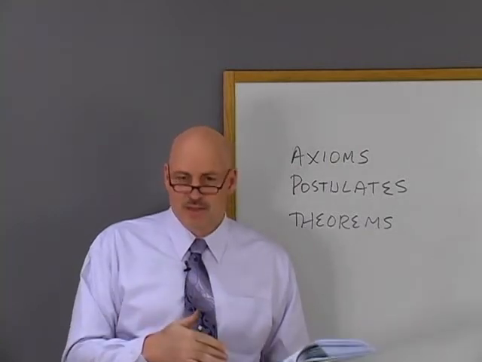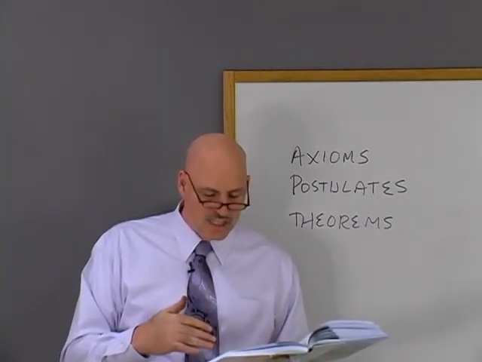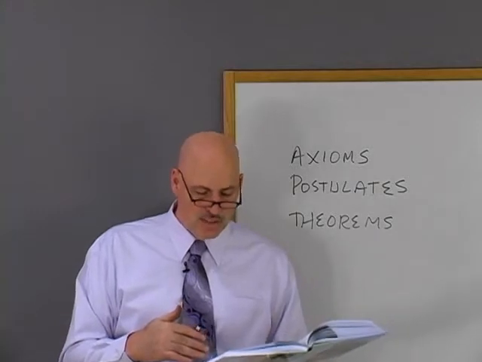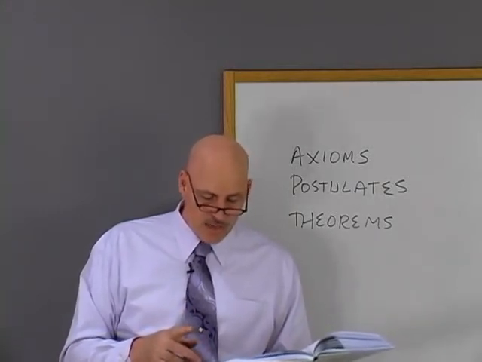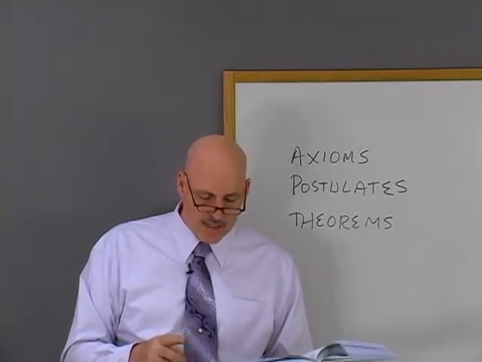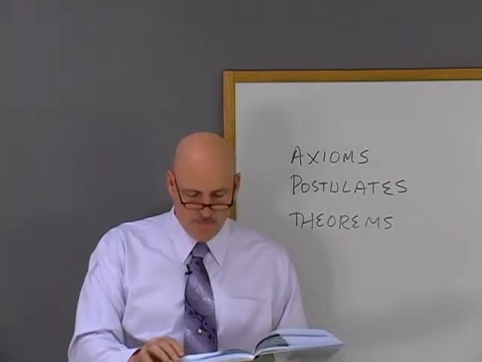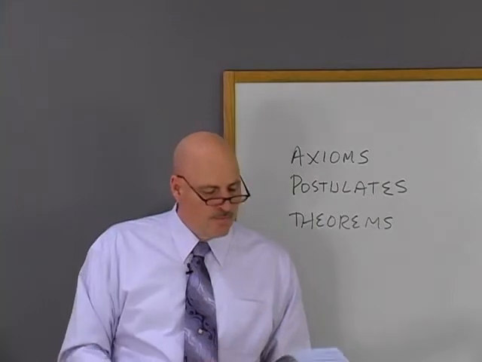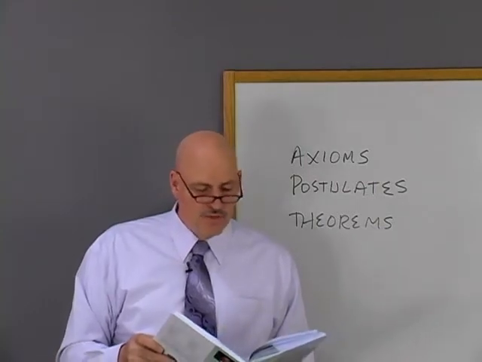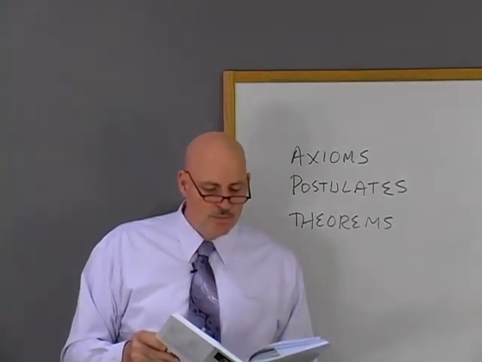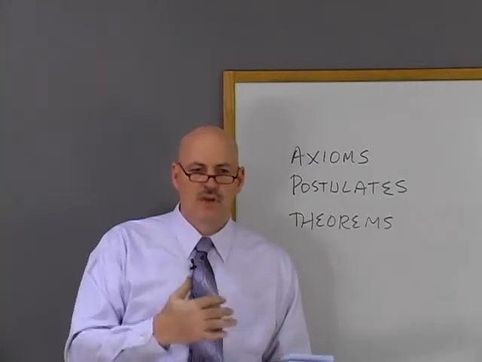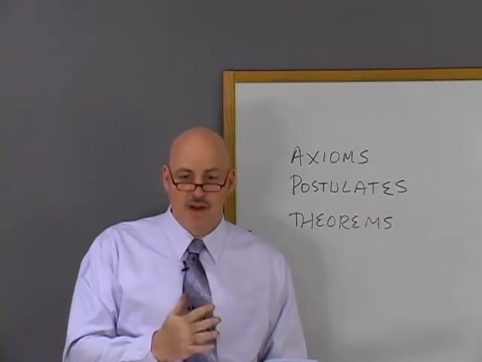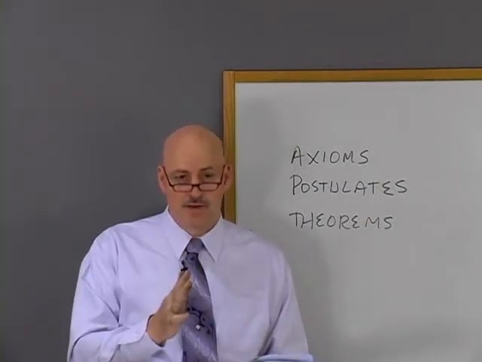Now, I don't have to read all of these, but I'm just going to read some selected ones. A trapezoid has 1 pair of parallel sides. If 2 parallel lines are cut by a transversal, alternate exterior angles are congruent. The measures of the interior angles of a triangle add up to 180 degrees. These are all things that we've been observing and working with and satisfying to our satisfaction that they're accurate.